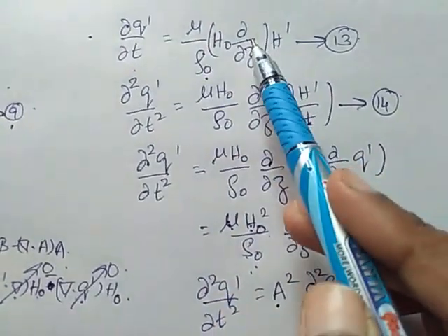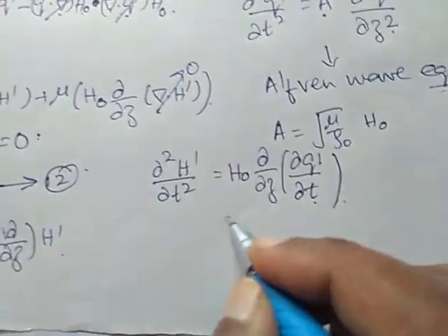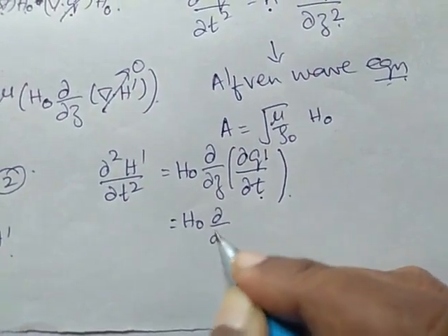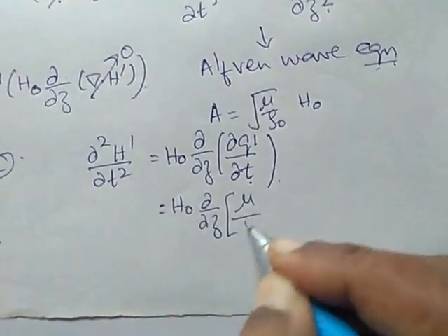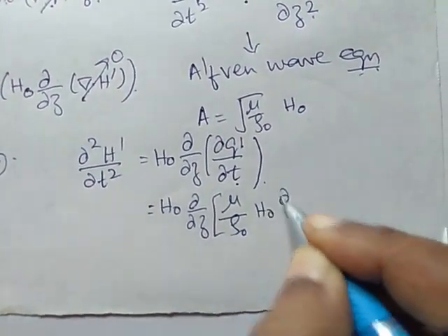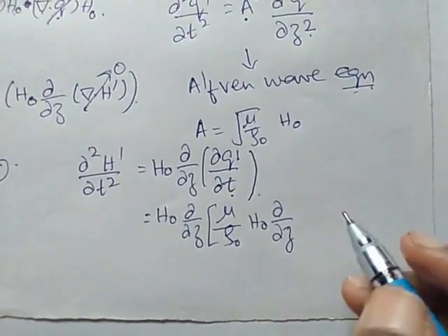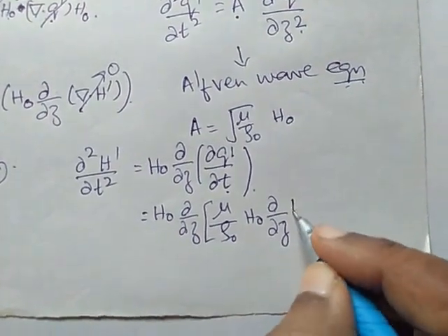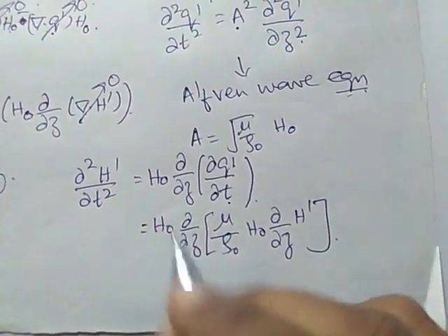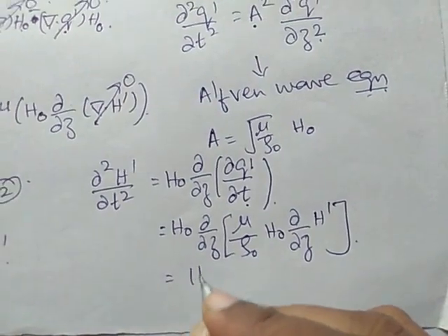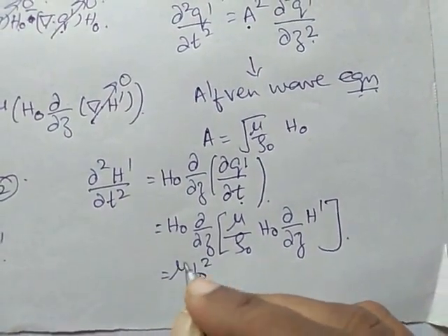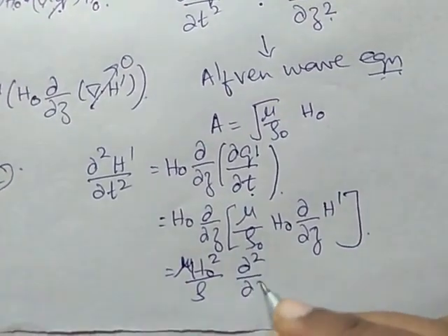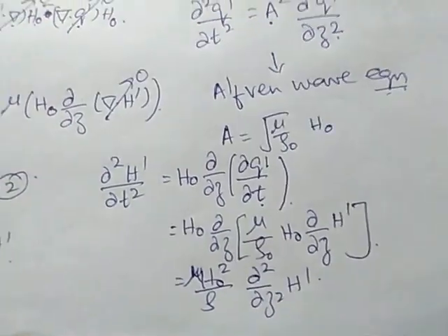I am going to substitute this value there. So I will get H naught dou by dou Z of mu by rho naught H naught dou by dou Z of H dash. So this we can write as mu H naught square by rho naught dou square by dou Z square of H dash.